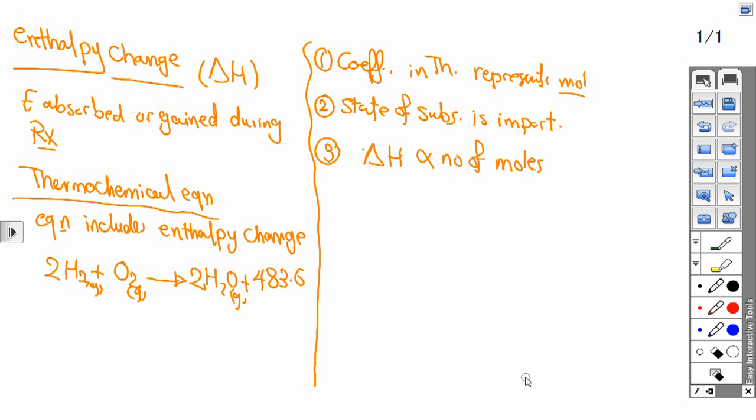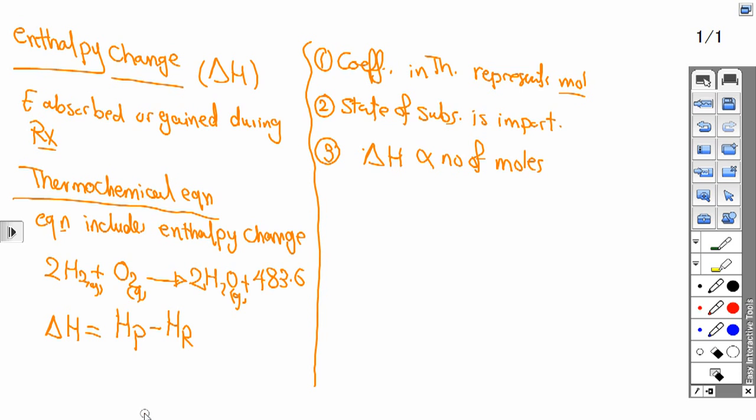The enthalpy change, as we said, is the difference in energy between the reactant and product. How do we calculate it for a certain reaction? Delta H equals the enthalpy of the product minus the enthalpy of the reactant.